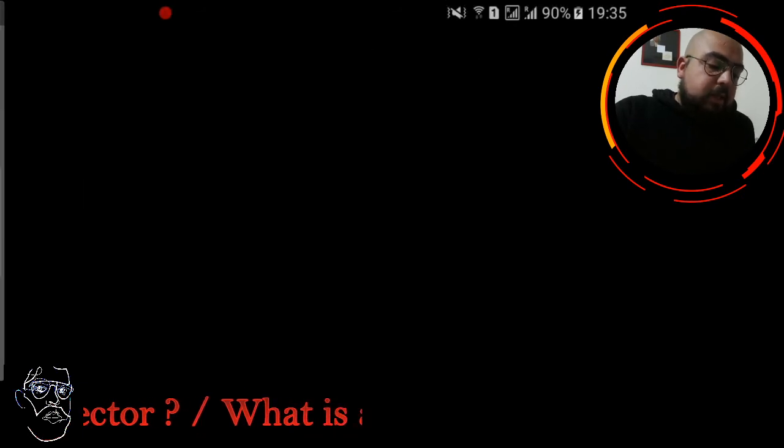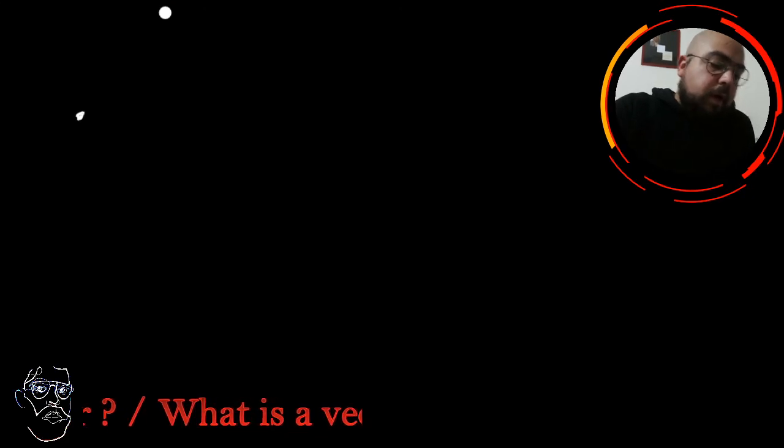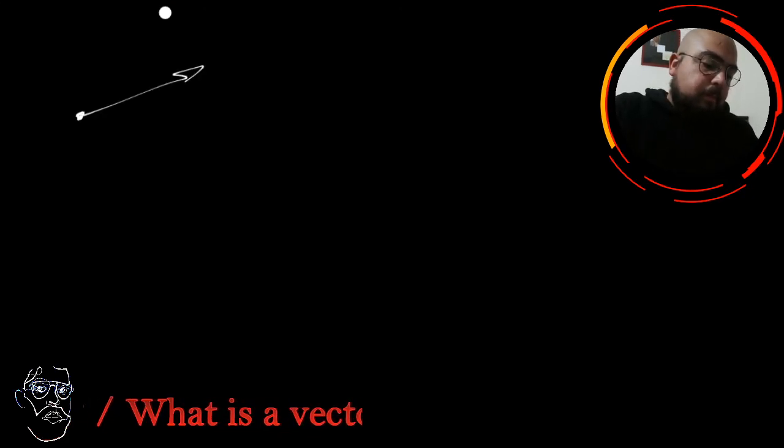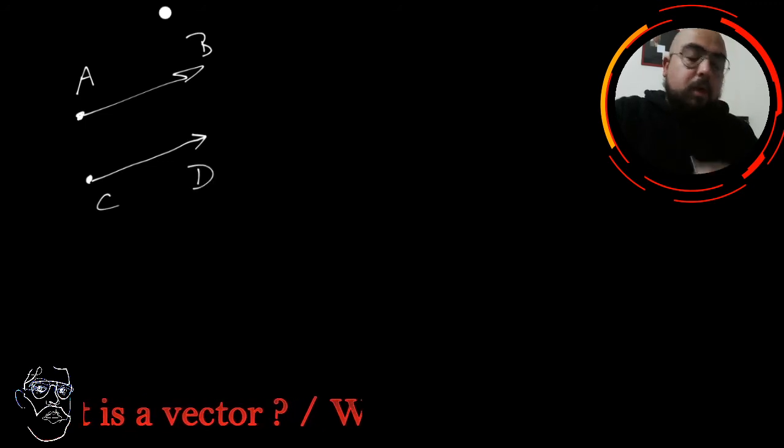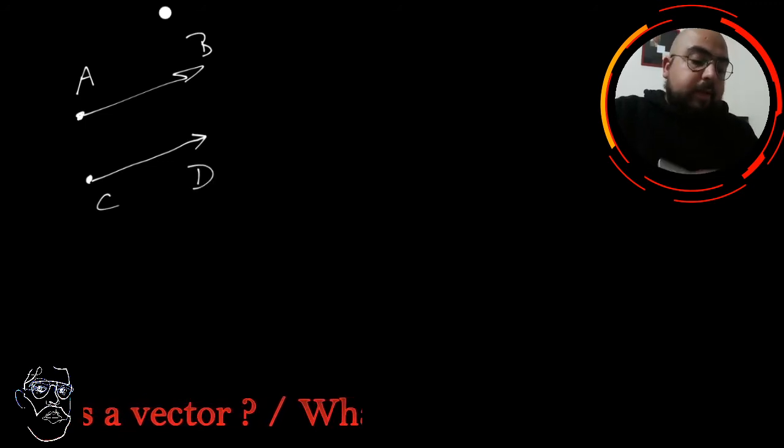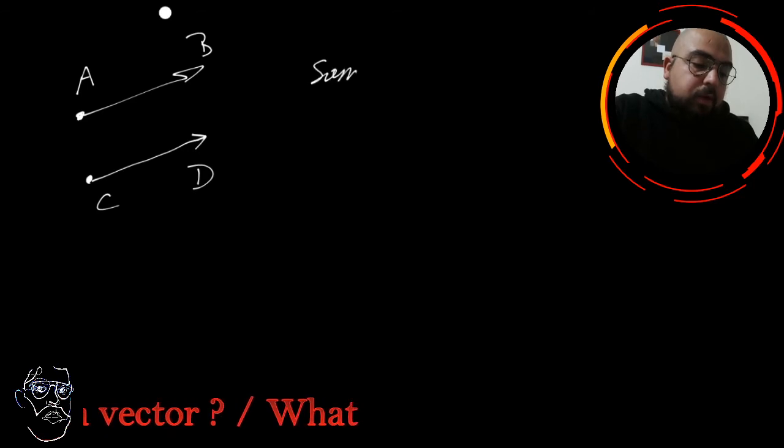Now the last case is to have equal vectors. In order to have equal vectors, this is AB and this is CD. All right. These two vectors have the same direction.